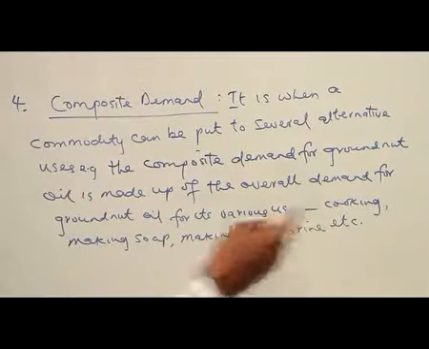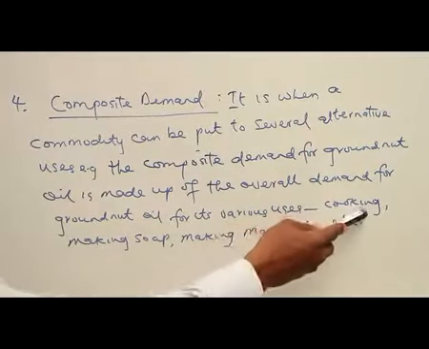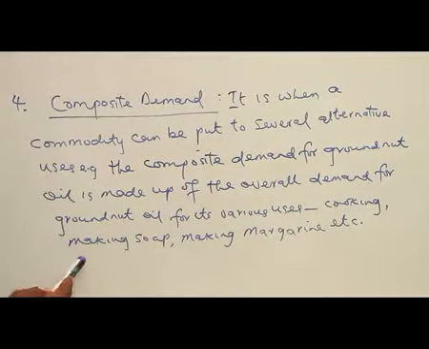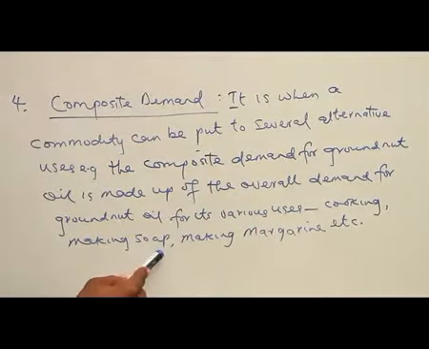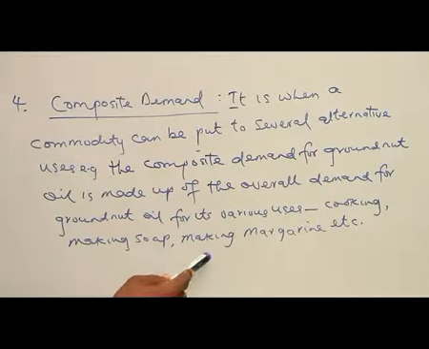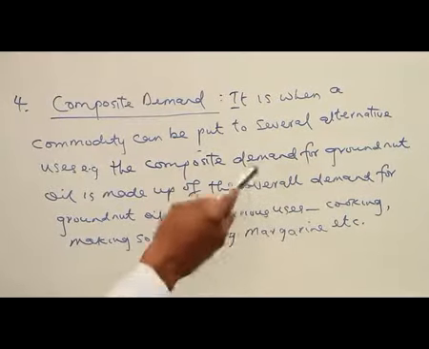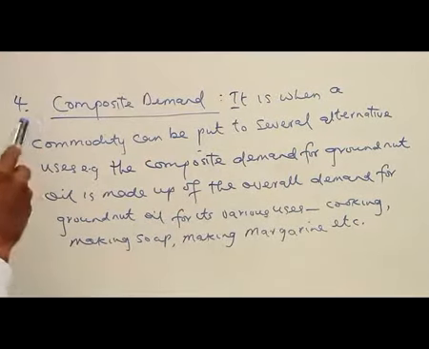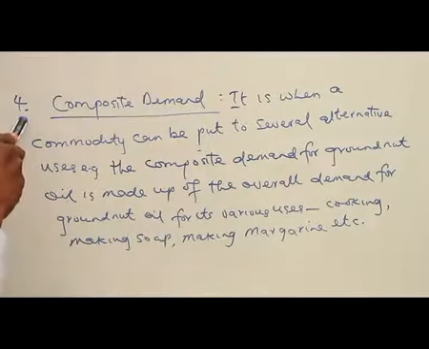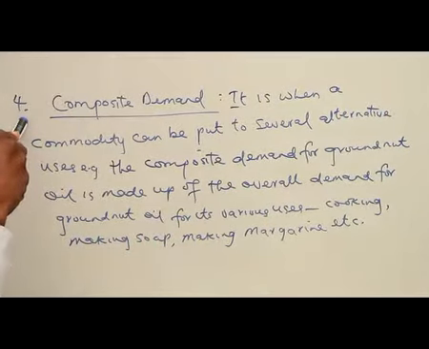Cooking. With the help of groundnut oil, we can cook. With the help of groundnut oil, we can make soap. And with the help of groundnut oil, they can make what? Margarine. So meaning that groundnut oil is an example of a composite demand because it can be used for different purposes.